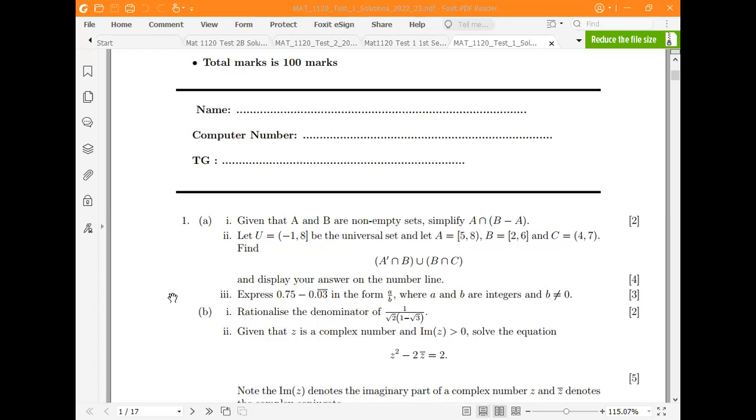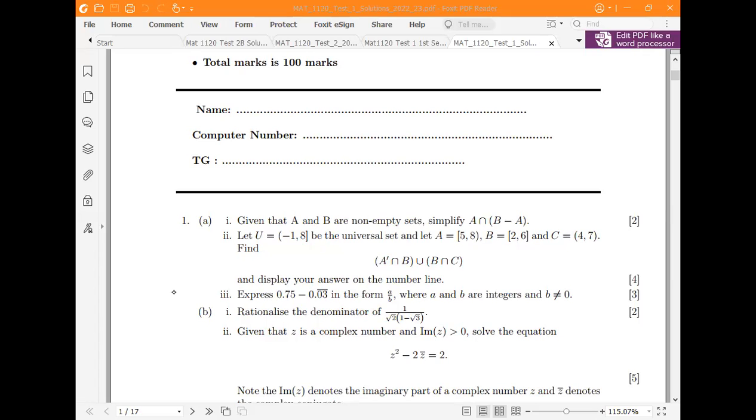So here we are targeting question A, part 2. So A part 2 is saying, can we find, if the universal set is from -1 to 8, and you're given A to be 5 to 8, B 2 to 6, and C 4 to 7.